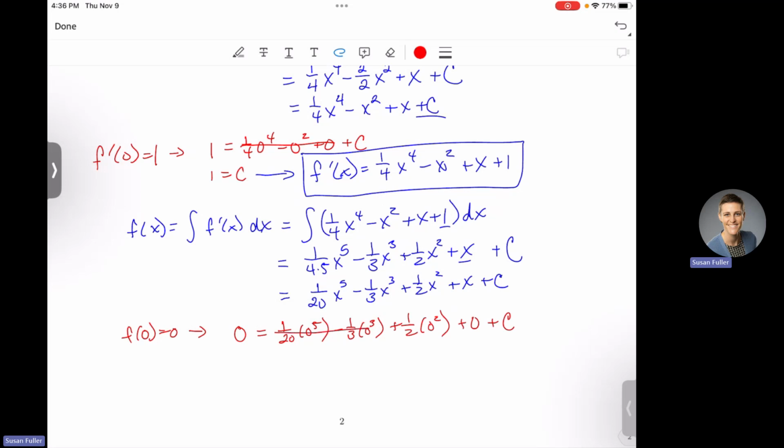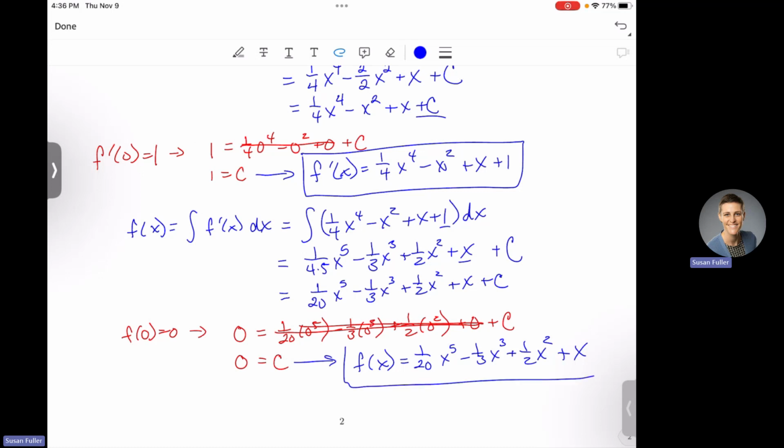And notice this all goes to 0, and so I get that c is equal to 0. That's okay. C can be any value that it likes. And so my specific original function is 1 over 20 times x to the fifth minus 1/3 x to the third plus 1/2 x squared plus x with no c value at all.